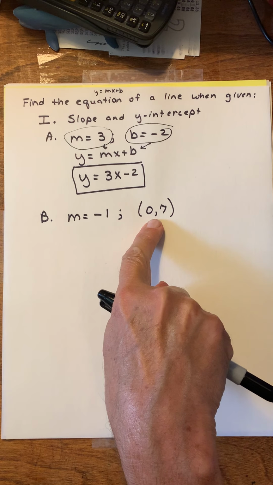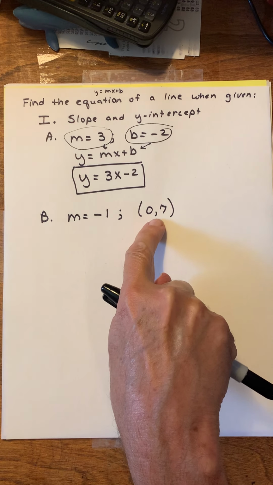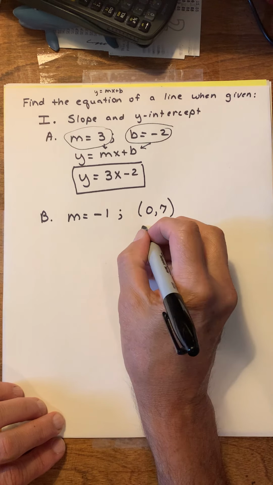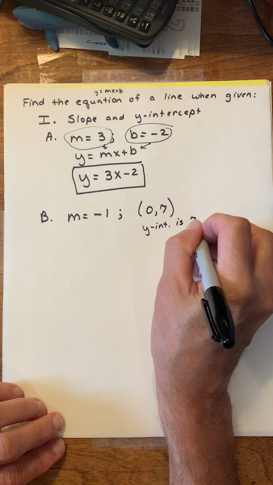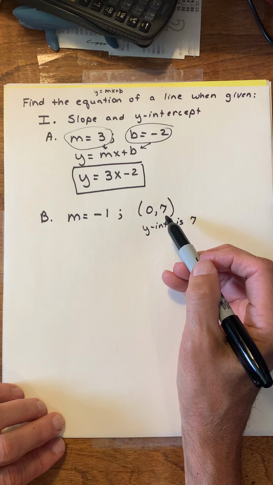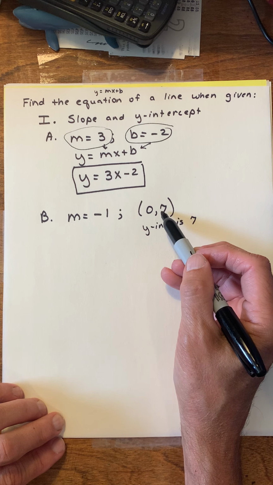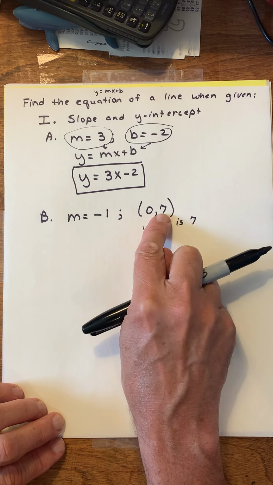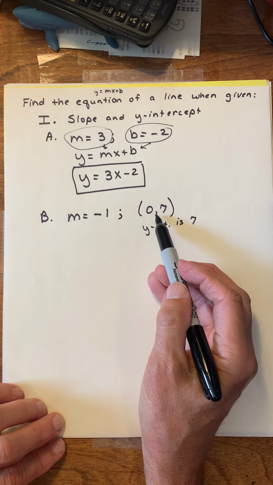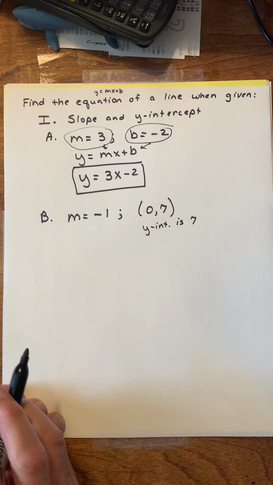Did that confuse you? This is another way of saying the y-intercept is 7. Any point with 0 as x is a y-intercept. When x is 0, it's on the y-axis.